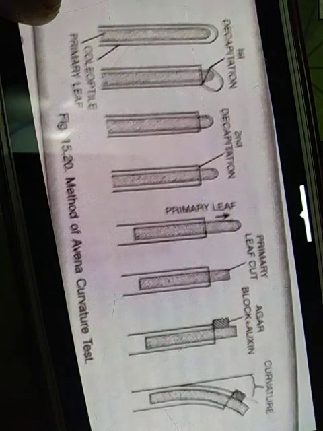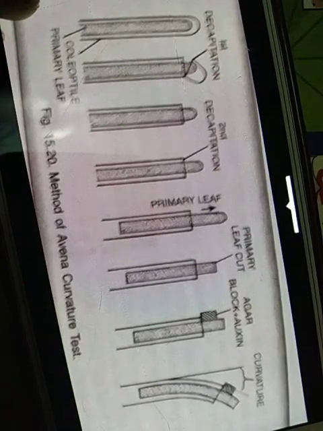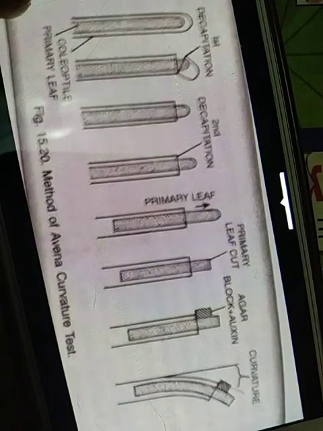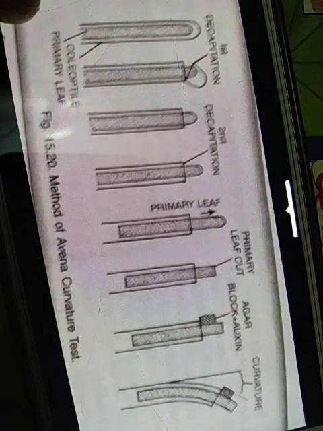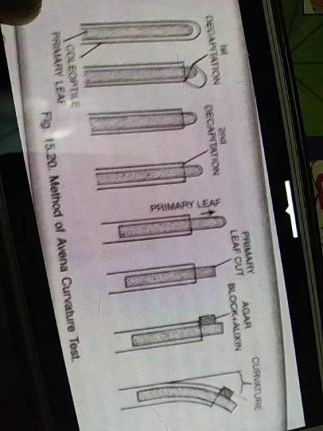The test is based upon the experiment of Went, done in 1928. A 10-degree curvature is produced by an auxin concentration of 150 milligram per liter at 25 degrees centigrade and 90% relative humidity. The test can measure auxin up to 300 milligram per liter.